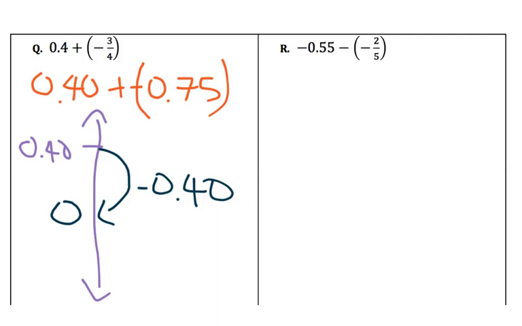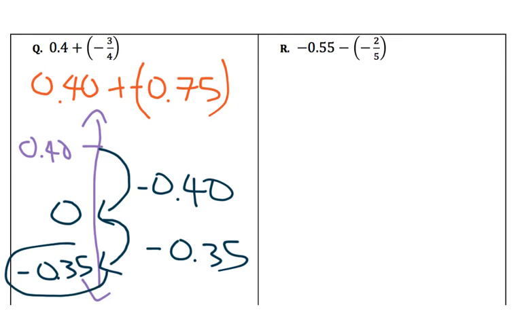So I went down 40 hundredths, which means I still have 35 hundredths left over. And that's one way to get the answer, and one form of the answer. If you wrote it in terms of fractions, I think your answer probably would have been this, -7/20ths, which is also correct.